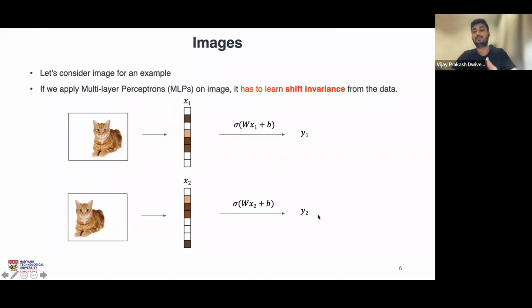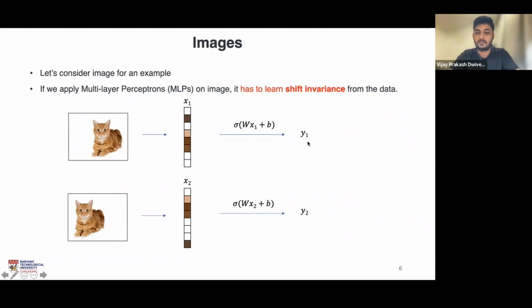If we don't have any prior information that the image still represents the same object even if we shift it, and no way to encode this information in the architecture, the model, which is the perceptron here, has to learn this invariance to shift from the data itself.